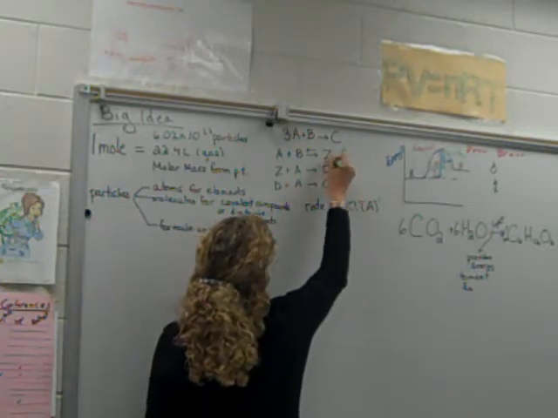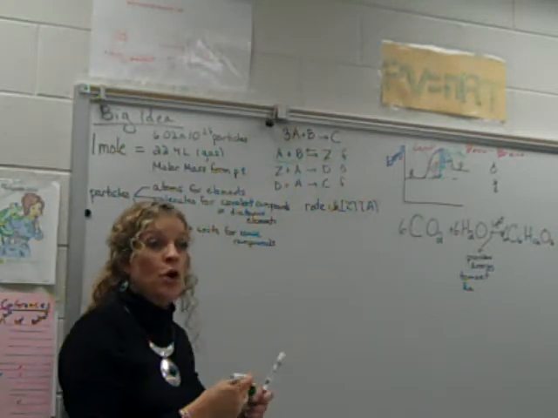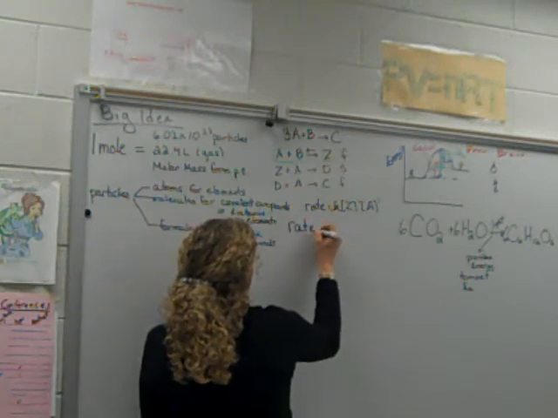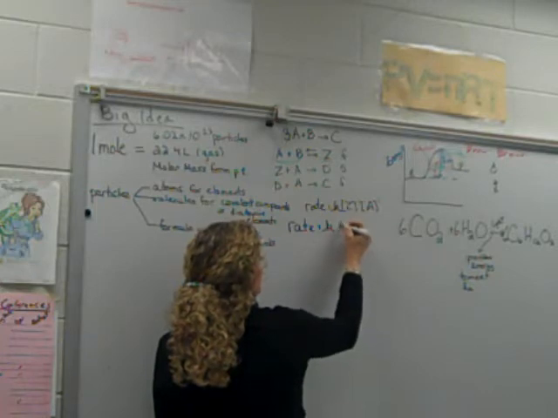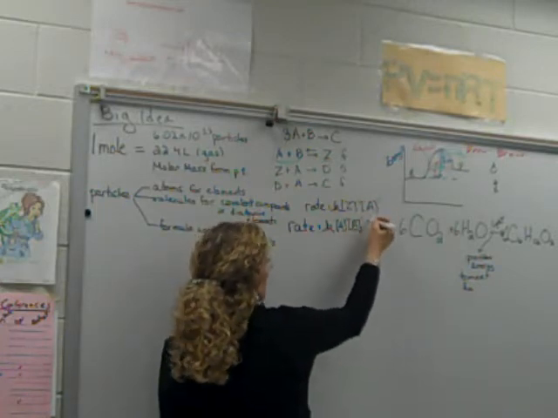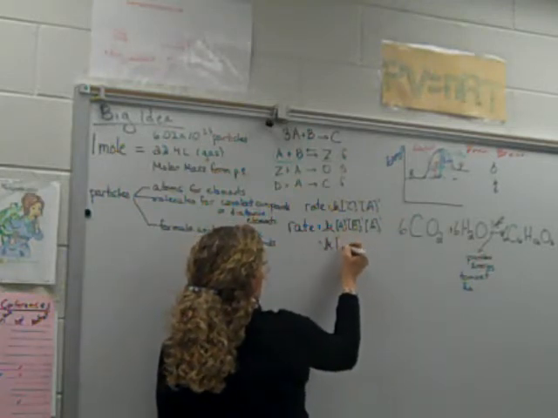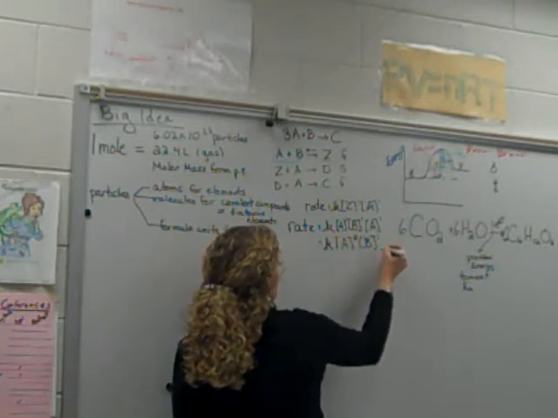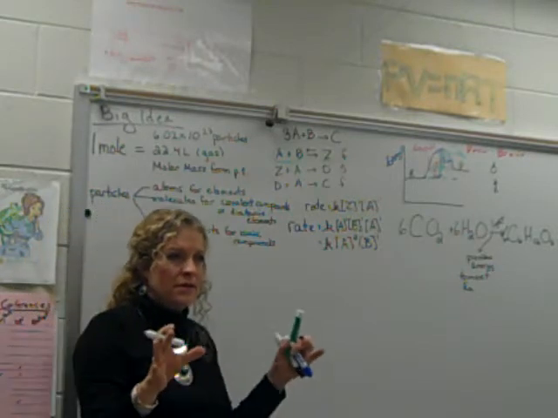We would replace Z with A and B, because it forms an equilibrium with A and B. So the rate law that we would write would be rate equals K. Instead of writing Z, we would substitute A to the first, B to the first. We would still have this A to the first, and then it would simplify to A to the second, B to the first. Okay? Everybody kind of remember this?